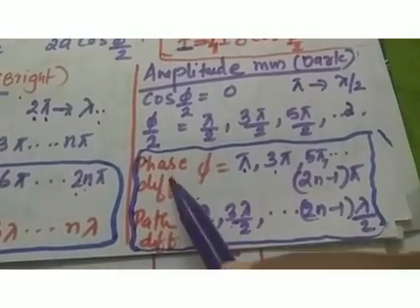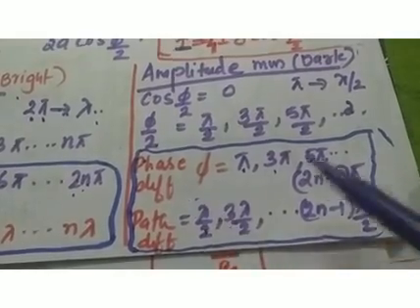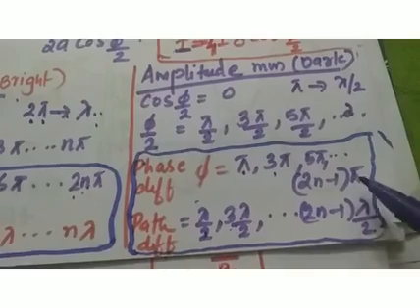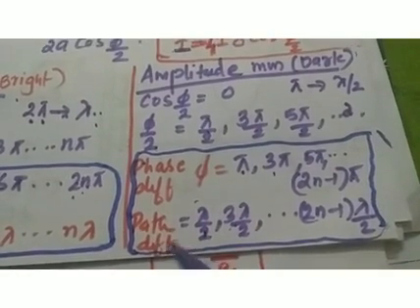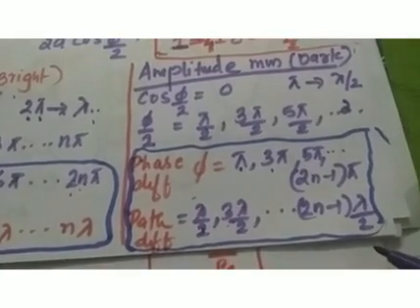So these are the two conditions to obtain darkness or minimum amplitude on the screen. Phase difference should be an odd multiple of pi and path difference should be an odd multiple of lambda by 2.